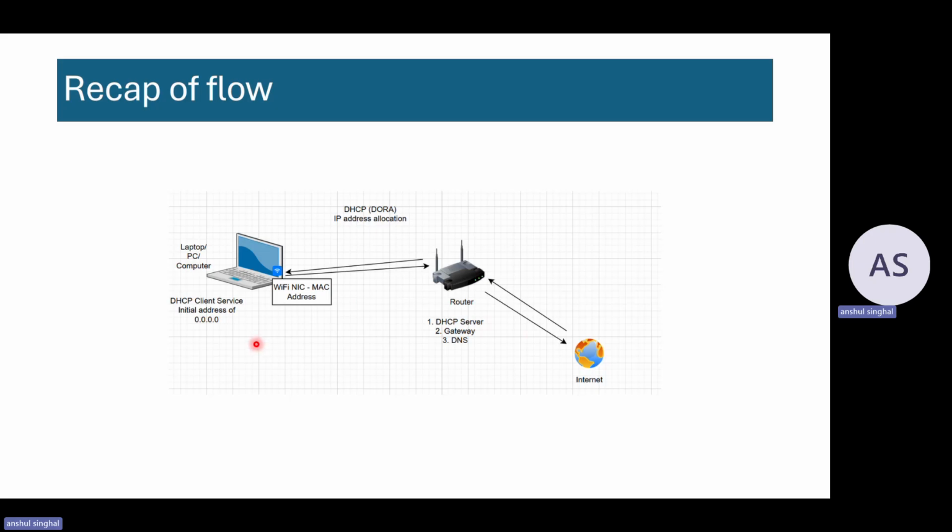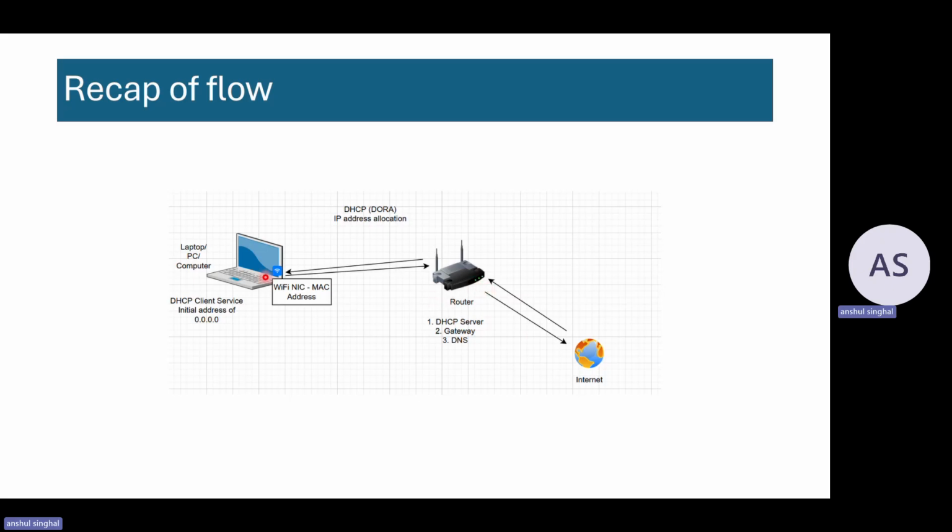Now, in previous videos we also discussed how IP address allocation works. We know that there is a DHCP client service running on the laptop, and a DHCP server which is running on the router.